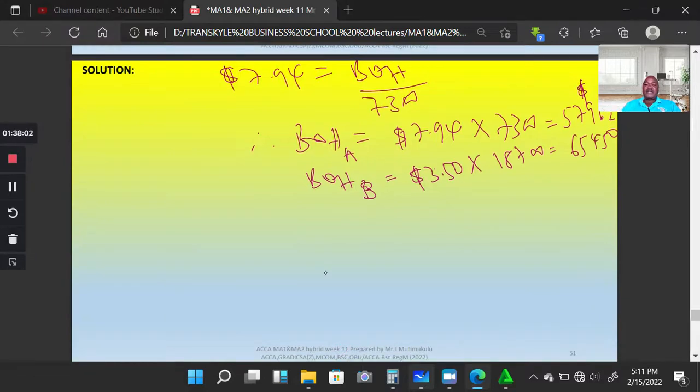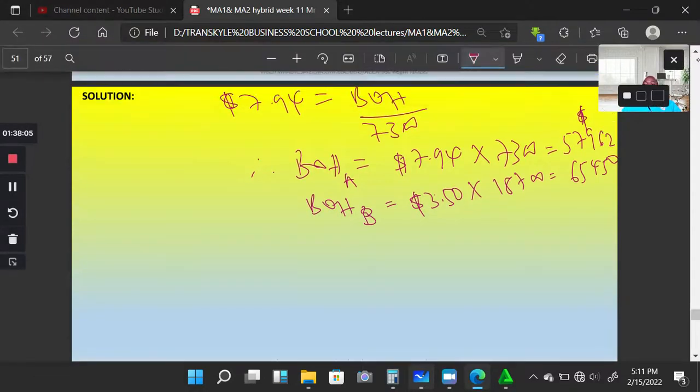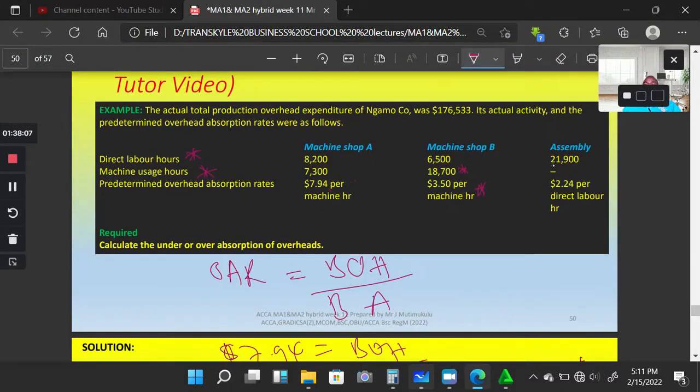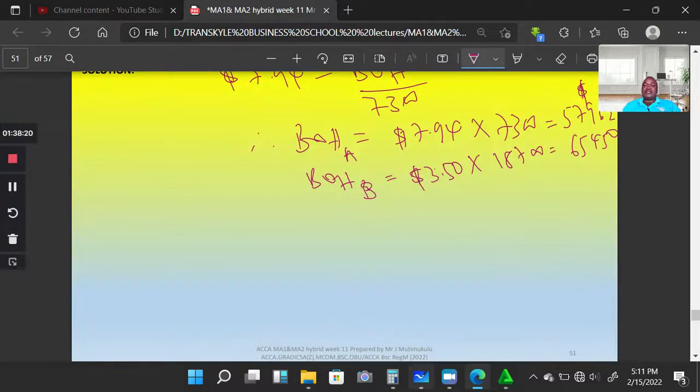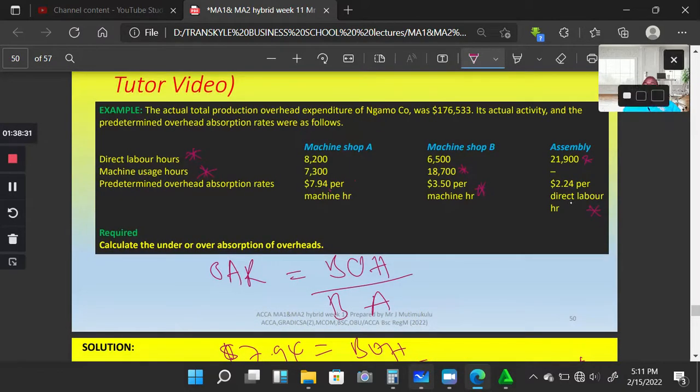Then we are left with, is there any other department? Yes, there is the assembly. The overhead absorption rate was $2.24 per direct labor hour. So we're going to use the direct labor hour, this figure and this figure. So $2.24 multiplied by 21,900 for the assembly.